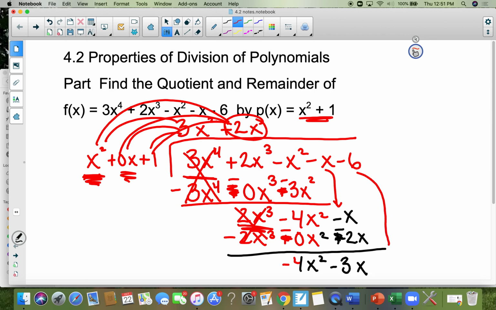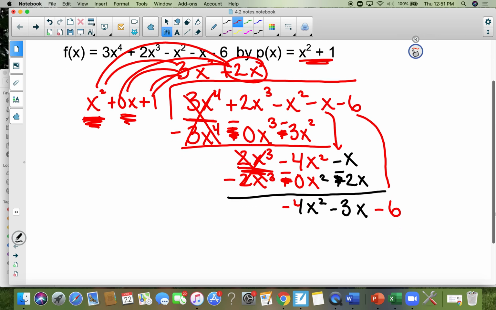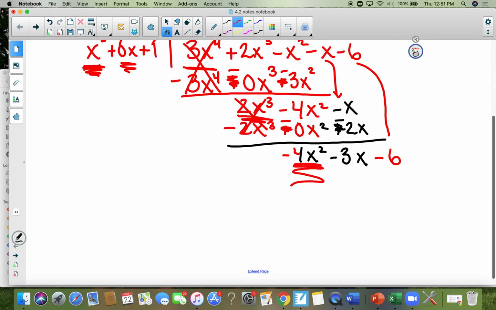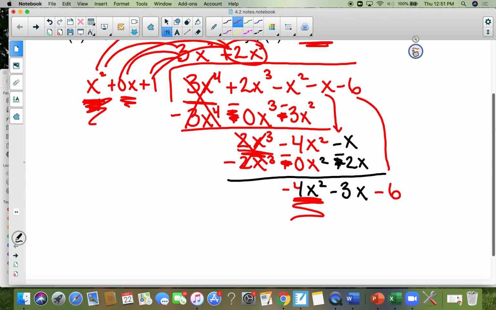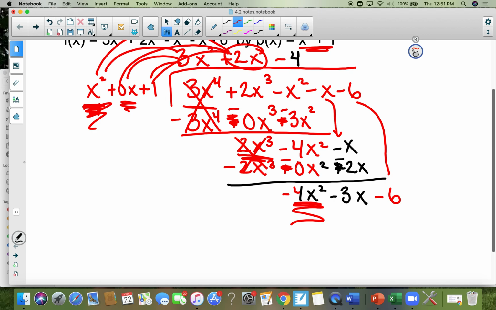And you keep going until this first term is equal in power to that one or less than it. So you're going to put, it's missing a negative 4. Negative 4 times x squared is a negative 4x squared. A negative 4 times 0x is a negative 0x.